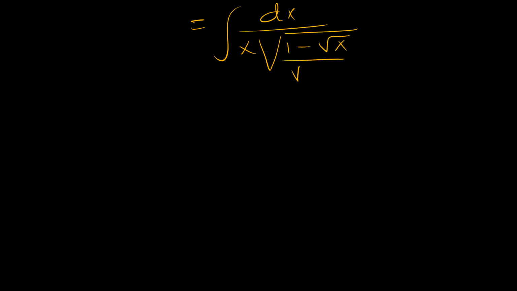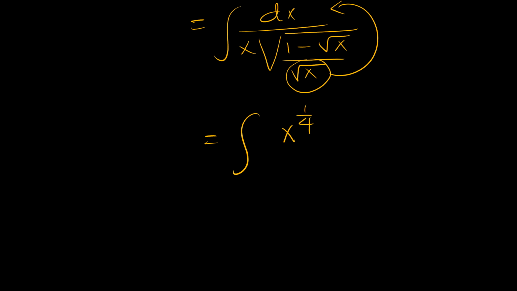So since we now have the integral of 1 over square root of 1 minus square root of x over square root of x, this guy now can go up, and so this becomes x to the power a quarter over x times 1 minus square root of x dx.